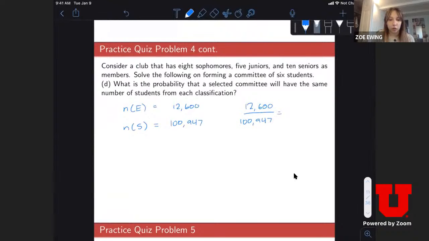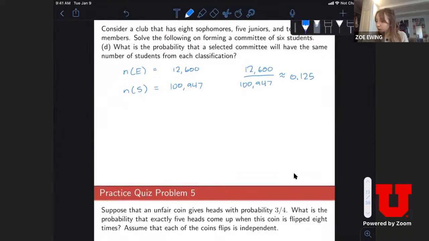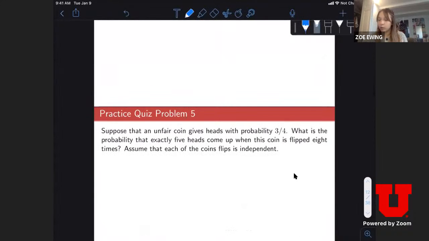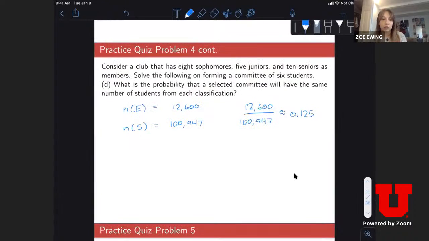And that comes out to about 0.125. Okay, moving on, are there any questions on that? Okay.